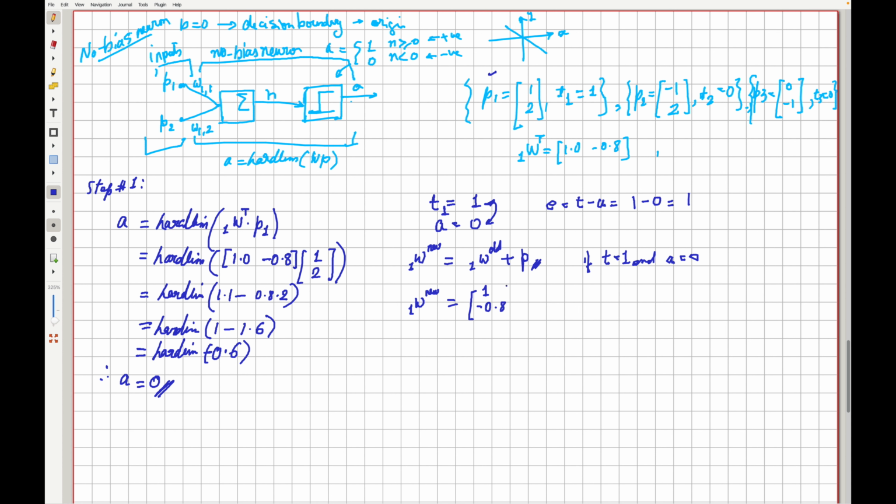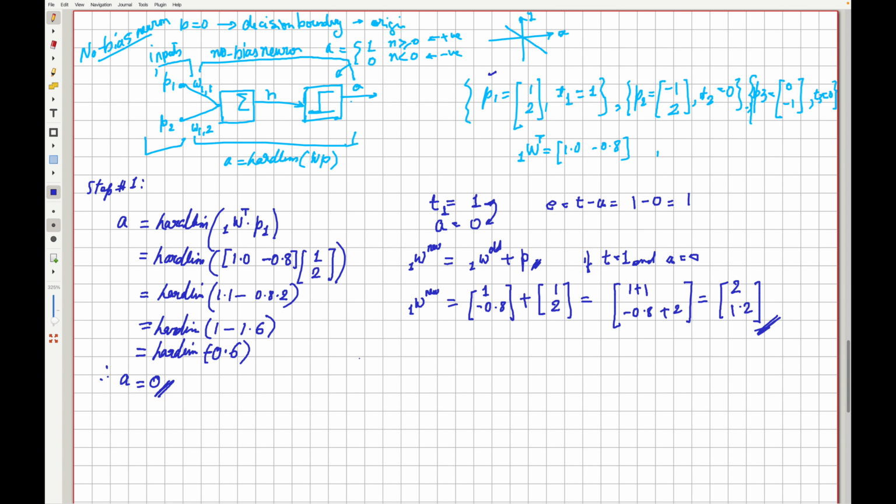And recall that here we are not typing the T for transpose, therefore it's like a column. And to this we are going to add the value of p, and in this we used p1, so we'll use the value of p1. And in the output what we get is 1 plus 1 and -0.8 plus 2. So this comes out to be 2, and if we subtract 0.8 from 2, we get 1.2. So this is the new W that we have.